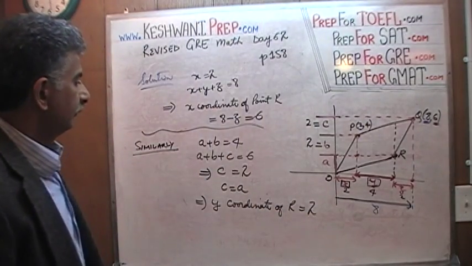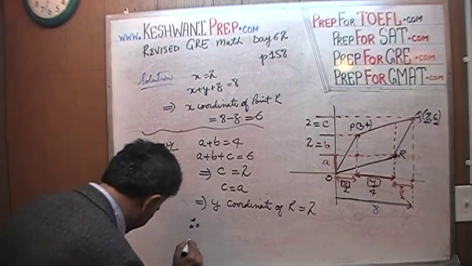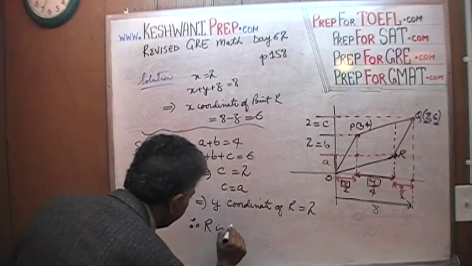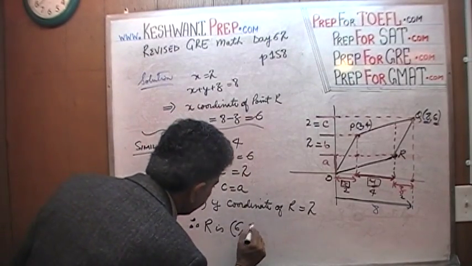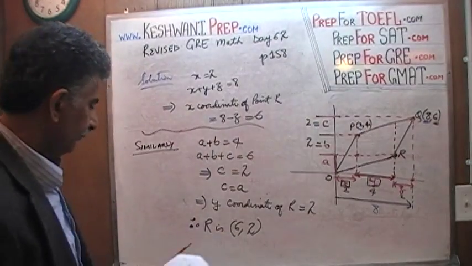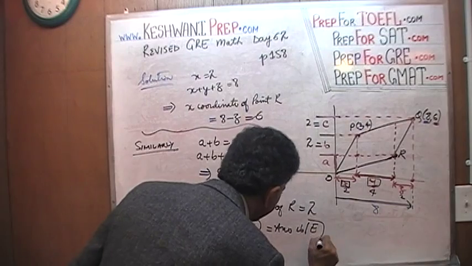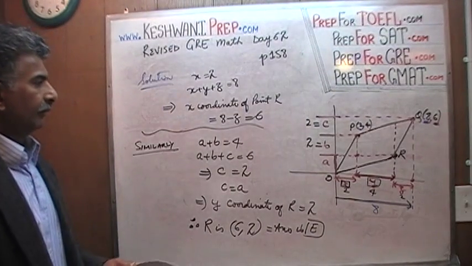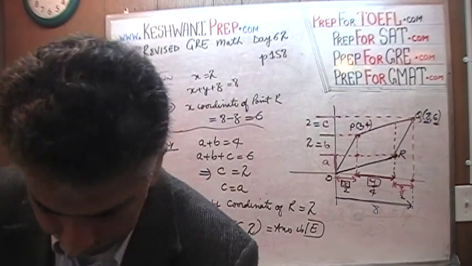That's it. Therefore, R is, the x coordinate was 6, the y coordinate we just found is 2. That's it, 6 and 2. The answer is C.